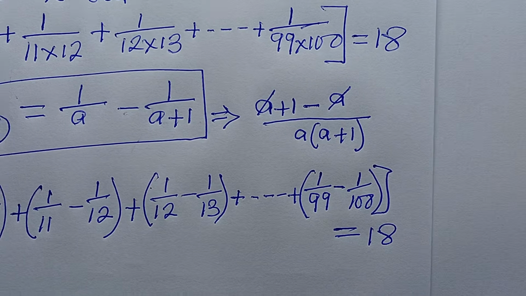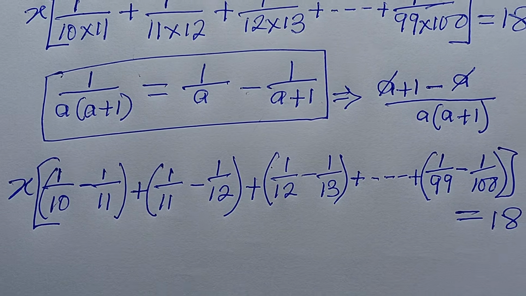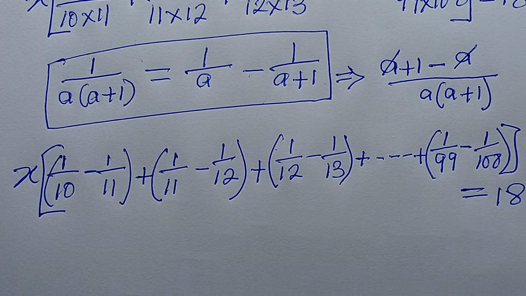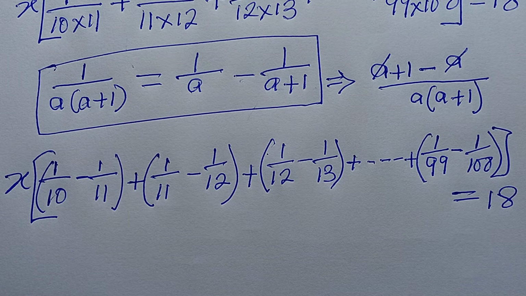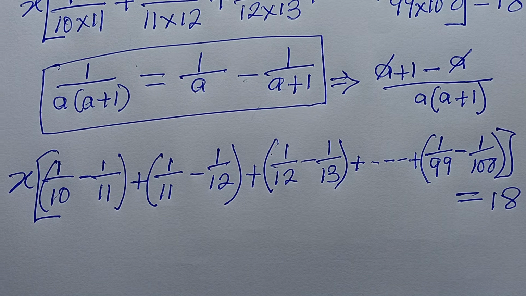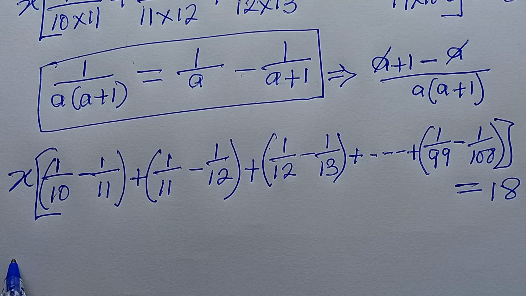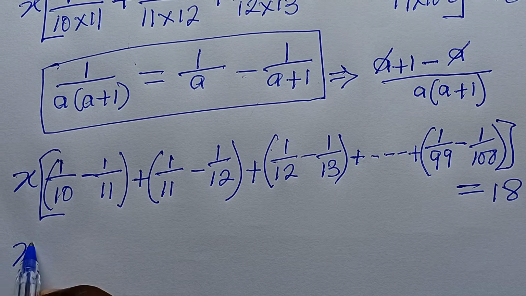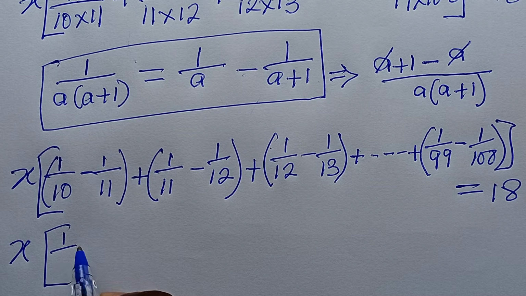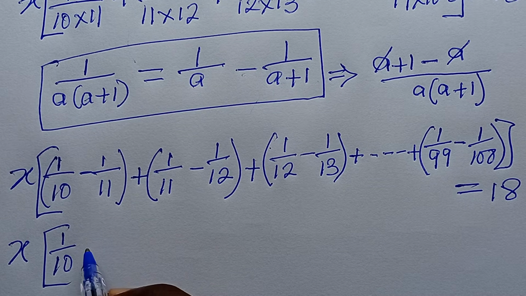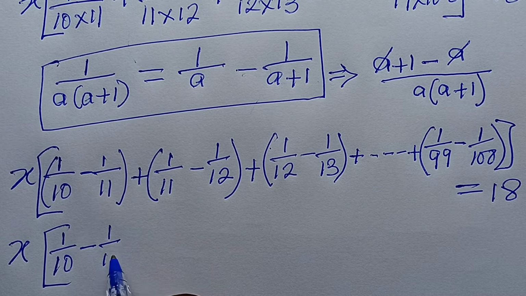Let's put it here. Okay, now with what we have here, if we decide to open up everything we have here, what will happen? Let's open up and see what this gives us in turn. So we're going to have our x here, then into, then we're going to have 1 all over 10, then minus 1 all over 11.